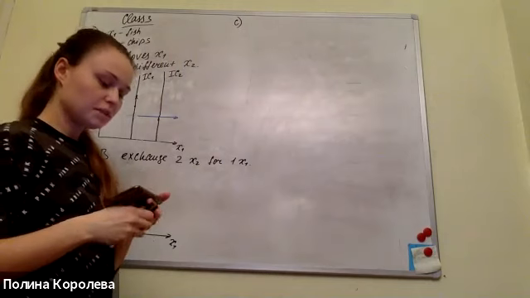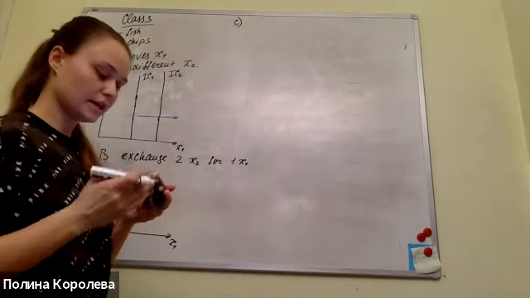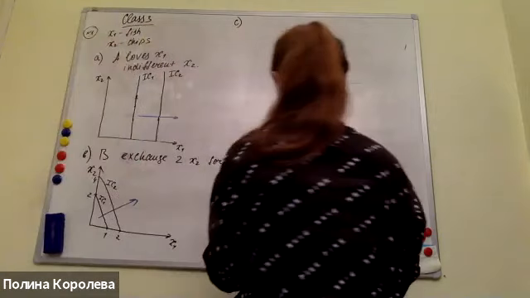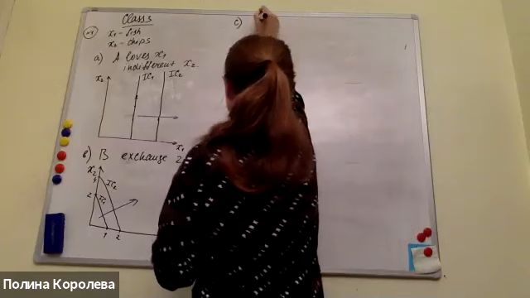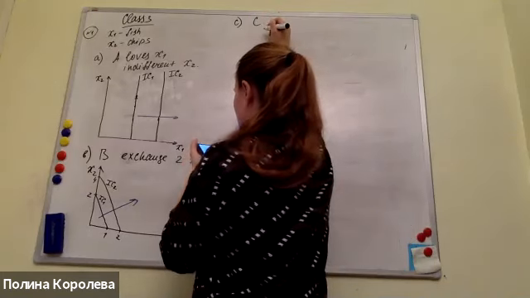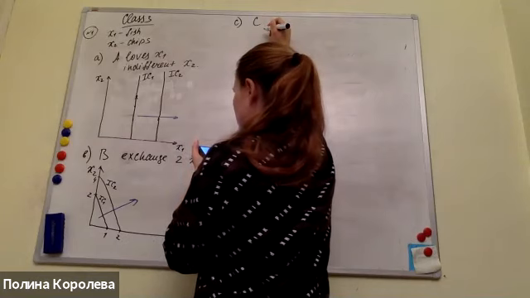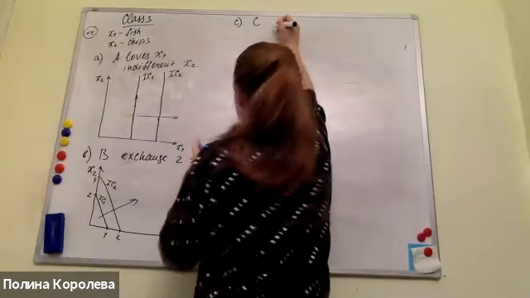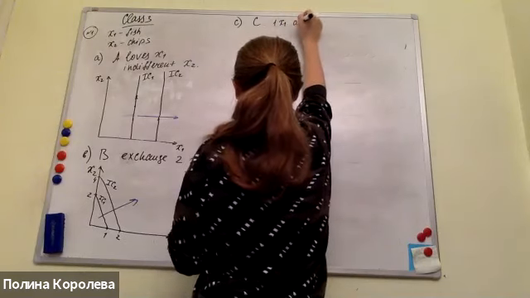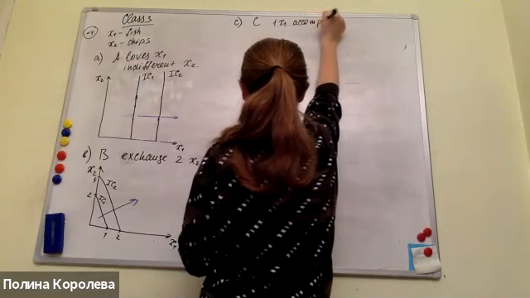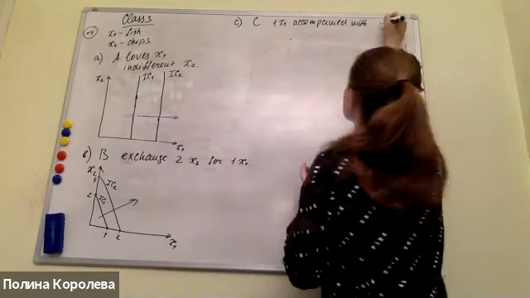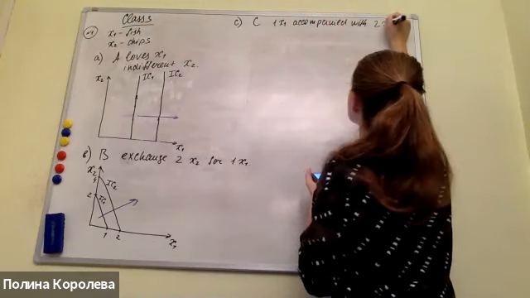Christine consumes fish and chips in fixed proportion. She likes each fish to be accompanied by exactly 2 bags of chips. Otherwise, she just won't eat them. So 1 fish accompanied with 2 chips.